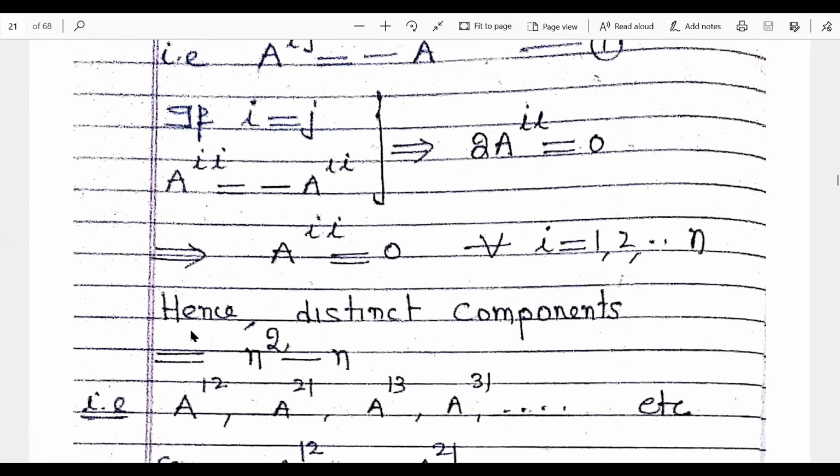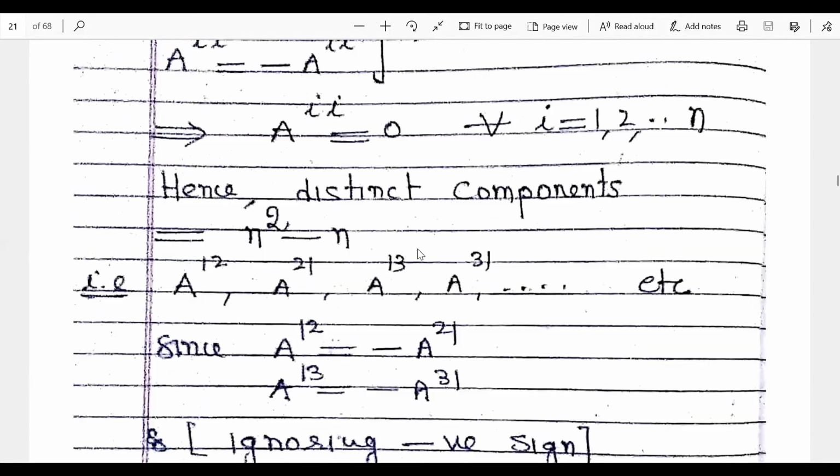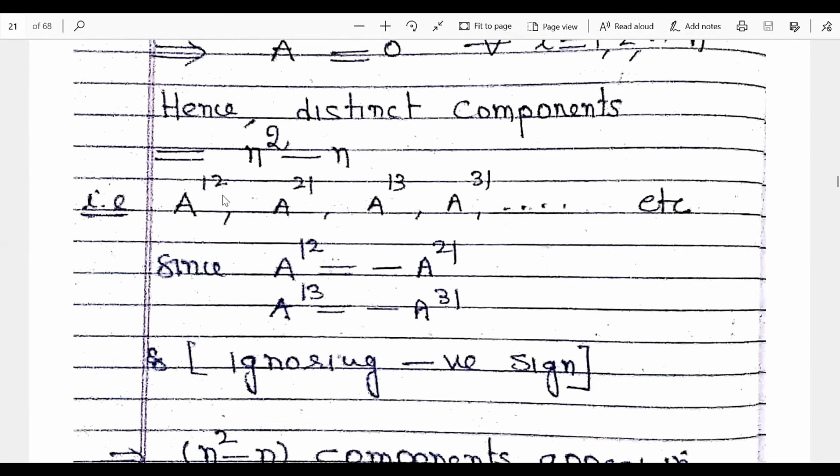So we get distinct components n square minus n, where i is not equal to j. These components are A12, A21, A13, A31, and so on. Because of the skew-symmetric property, each is the negative of its partner.